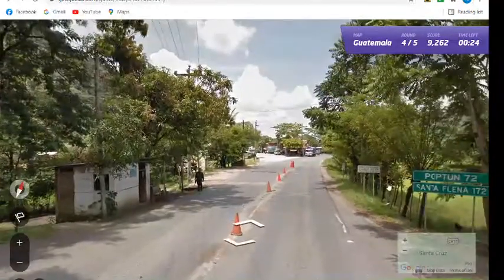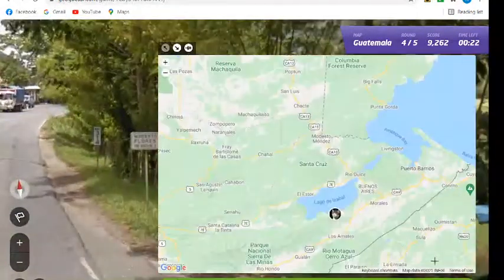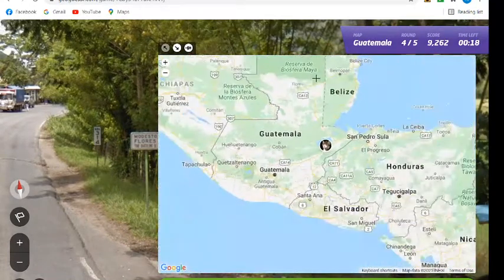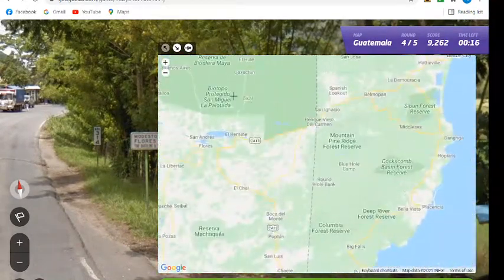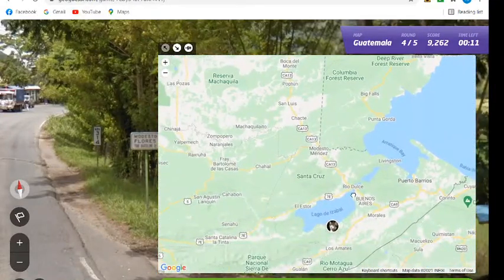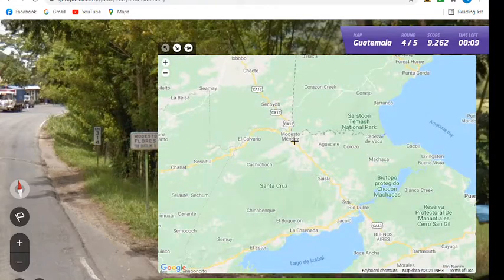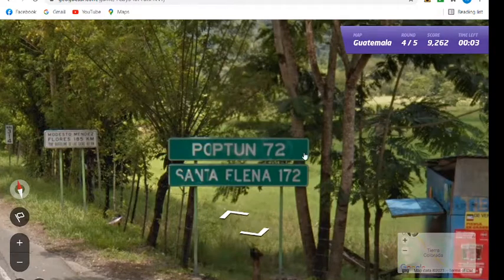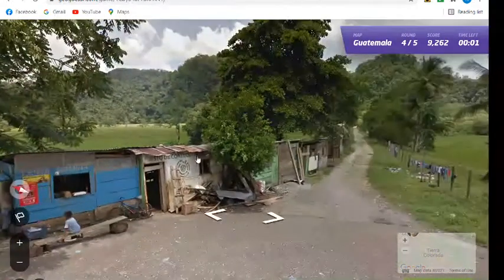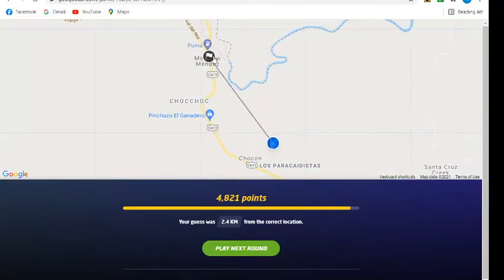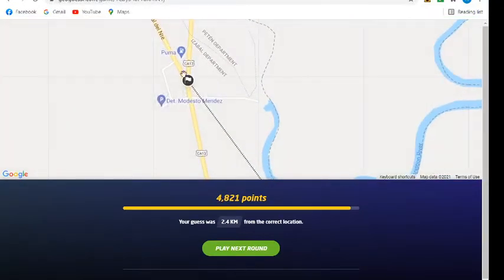Okay, so I'm thinking, wait, there's Poptún 72 in Santa Elena. There's Poptún up there. Santa Elena, I think maybe farther up, or is it? Yeah, so I'm thinking maybe we're on CA-13. Wait, wasn't it Modesto Mendez where we are? Yeah, okay.